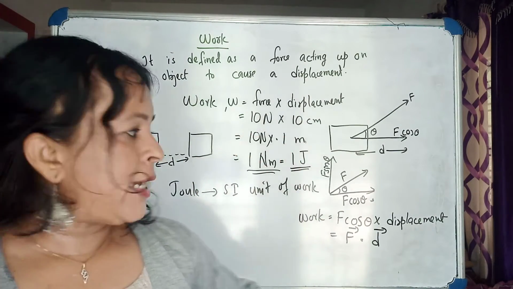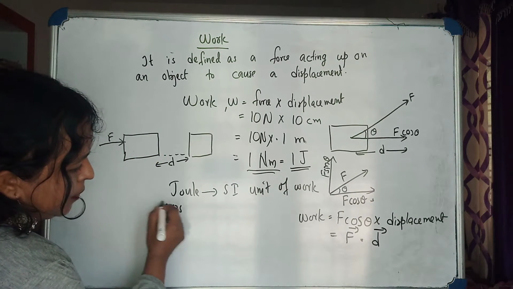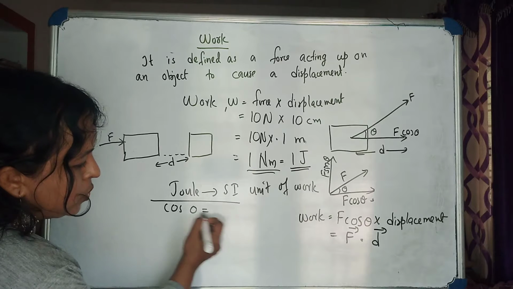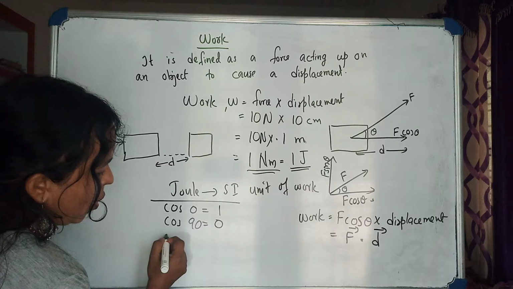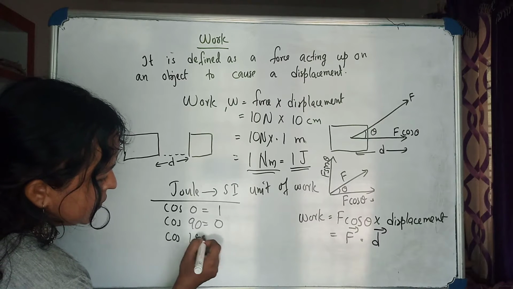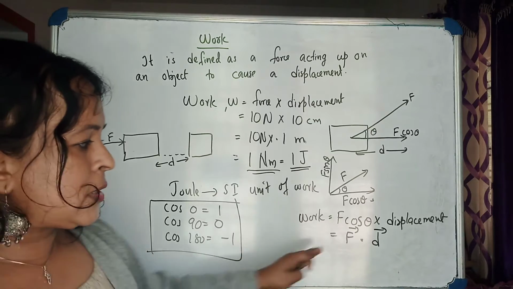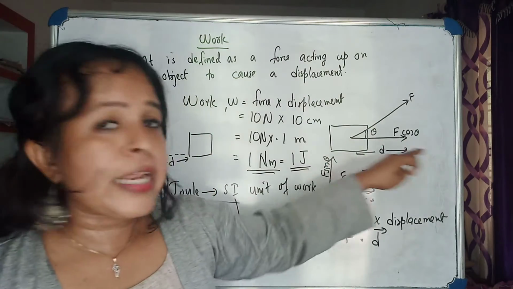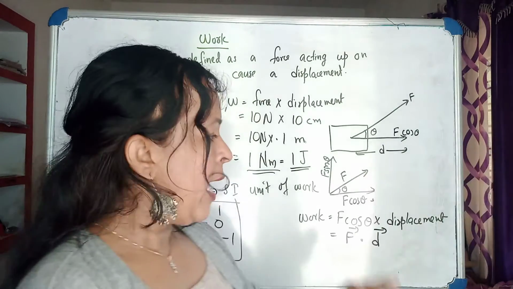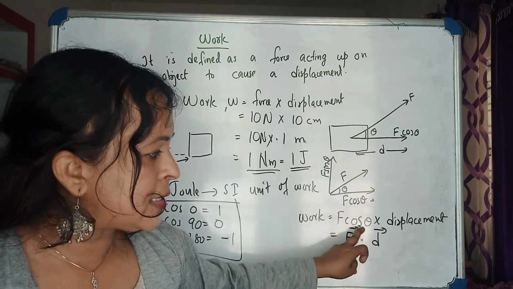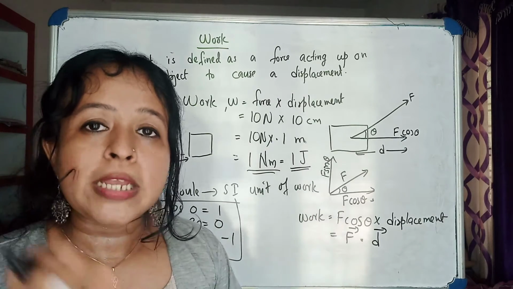And we know some angles: cos 0 is equal to 1, cos 90 is equal to 0, and cos 180 is equal to minus 1. If the force is along the direction of displacement, there is no angle here, so cos 0 is 1.